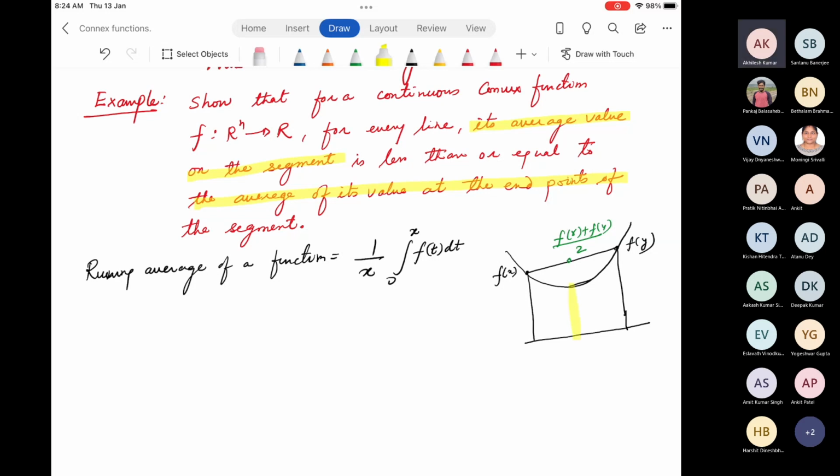Like in case of f(x) and f(y), I have taken the 2 points and averaged it. But what is the average value on the segment? So if you think of this as a small dt, what you are doing is adding those small segments.